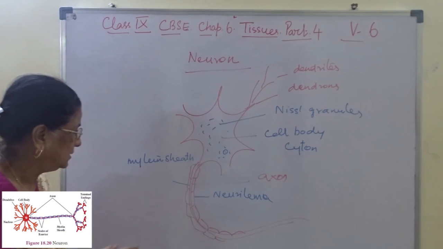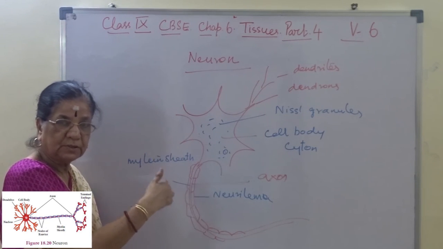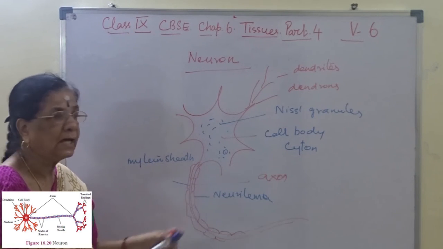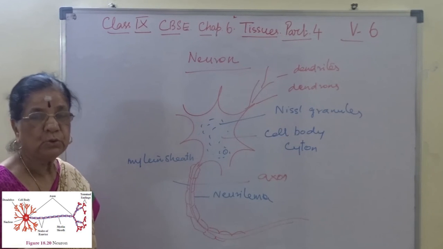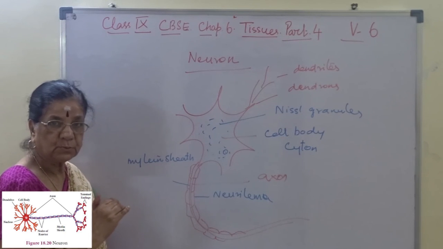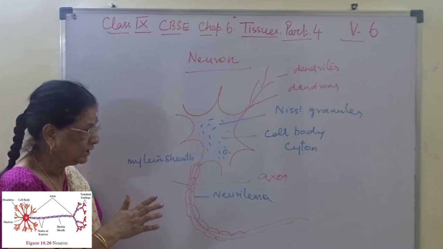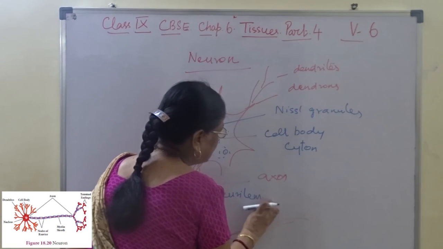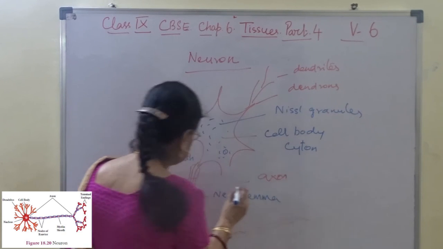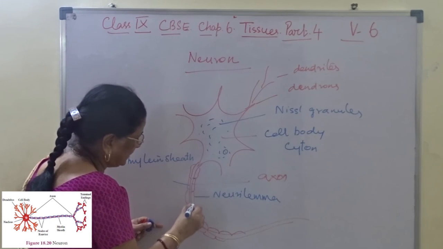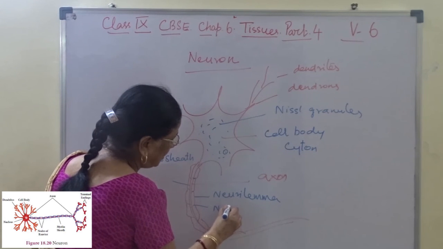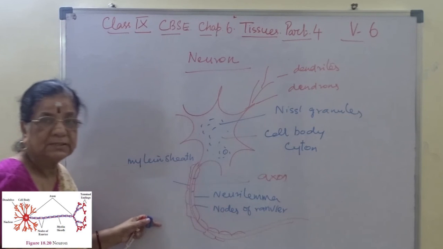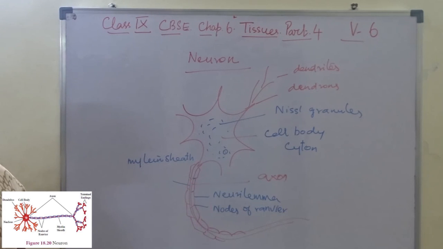I repeat, one of the dendrons emerges as a long fiber called axon. The neuroderma has constrictions in between, and that constriction is called nodes of Ranvier.